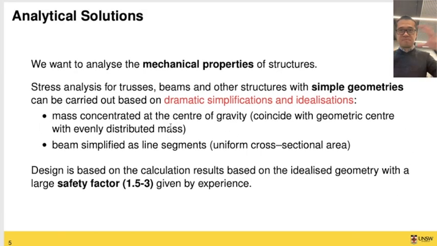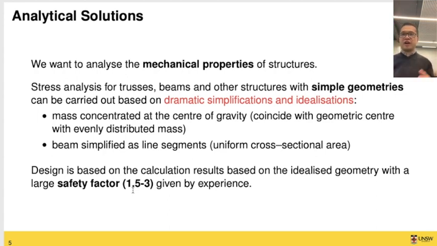Now, if you can simplify your object in such a way that you can work out the loading when I apply a force to it, then based on this idealized geometry, you can say the safety factor or tolerance at which this structure can be applied in a real mechanical loading scenario is probably within some safety factor, like 1.5 to 3 times the deformation I expected under the given loading.